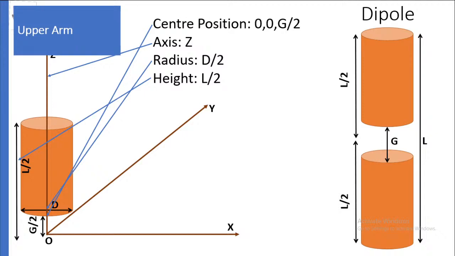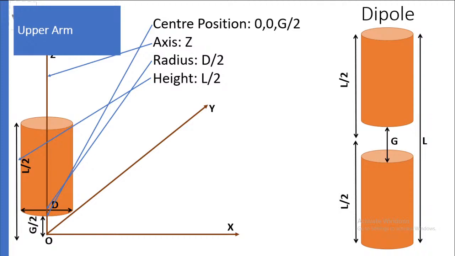Now let us see the antenna. The antenna is shown on the right hand side. We have two arms, the upper arm and the lower arm. For the upper arm, total length is L. Between the two arms the gap is G, and from the center to the upper arm the length is L by 2, and from the center to the lower arm the length is L by 2.